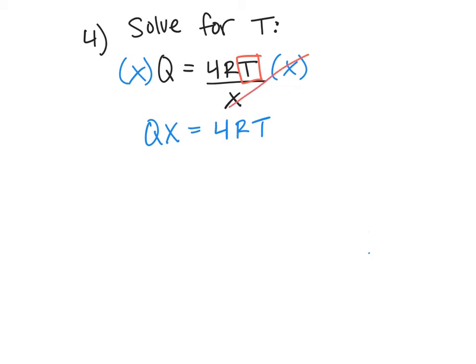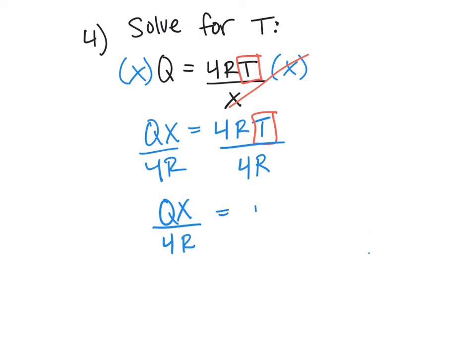The x's create a 1, so I still want to get this t alone. And because it's 4 times r times t, we want to use division to undo the multiplication. So when you divide by 4r on both sides, you'll get qx divided by 4r is equal to t, which would be your final answer.